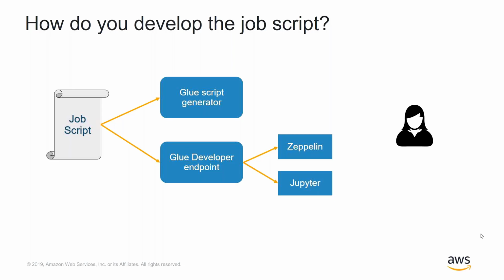Most customers do use both ways. One is a script generator. It's a WYSIWYG script generator, and we are going to see some screenshots of what that looks like. Second, we talked about this very little when we started this discussion, is the Glue developer endpoint.